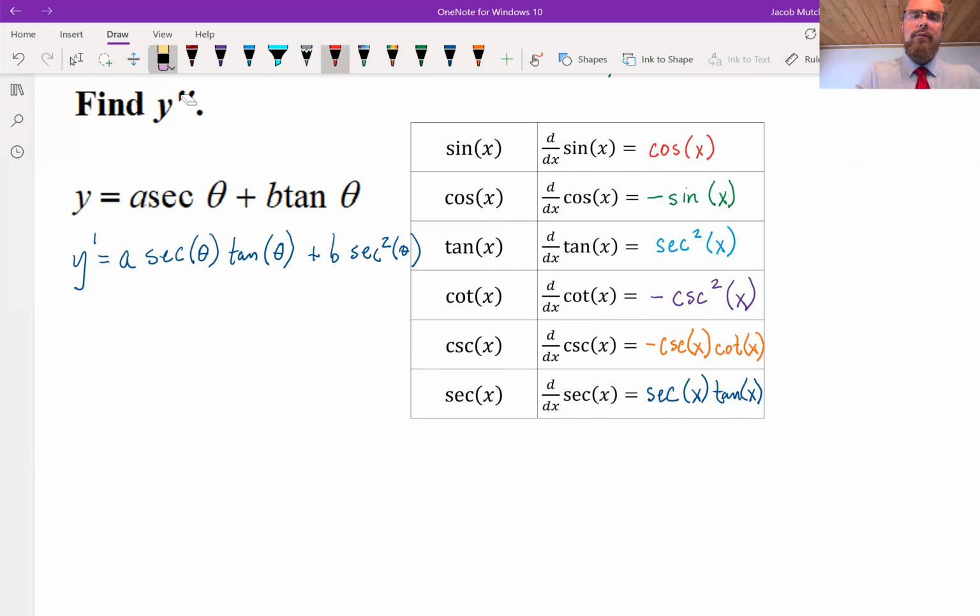So for our first term, a secant theta tangent theta, I need to call my small f of theta secant of theta. So the derivative of f of theta, because I'm going to use the product rule here, is secant theta tangent theta.